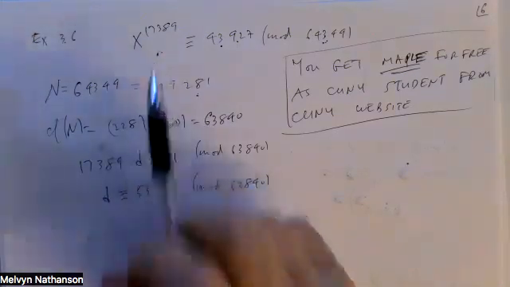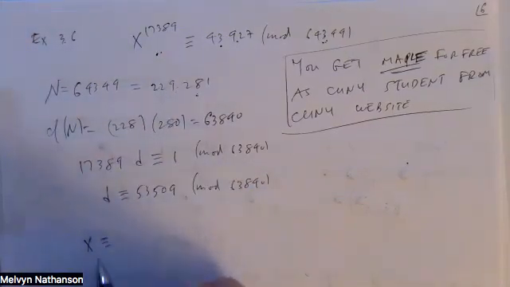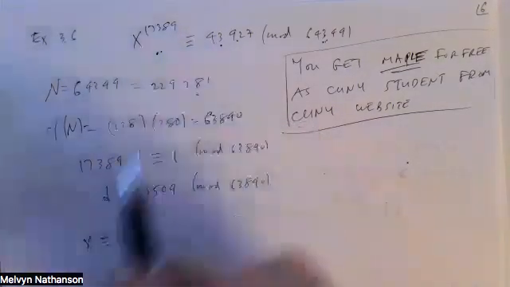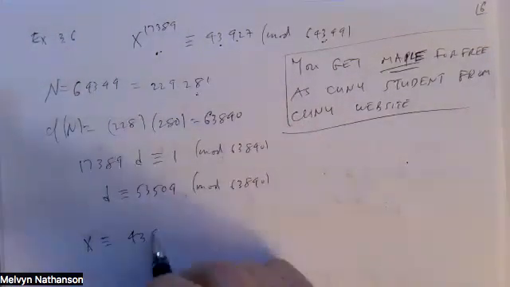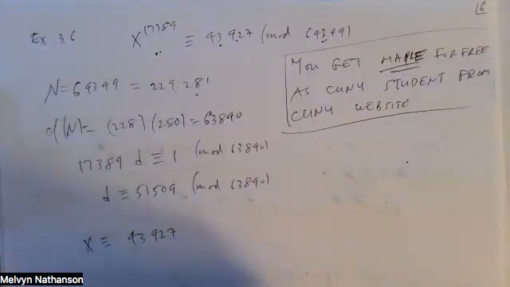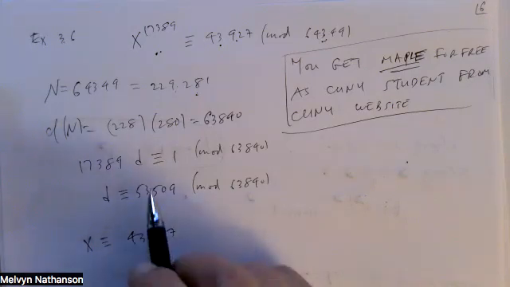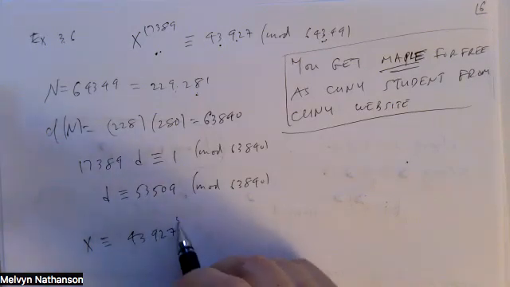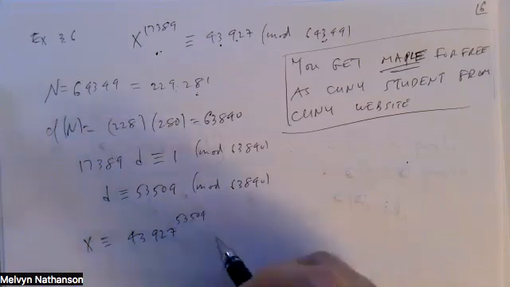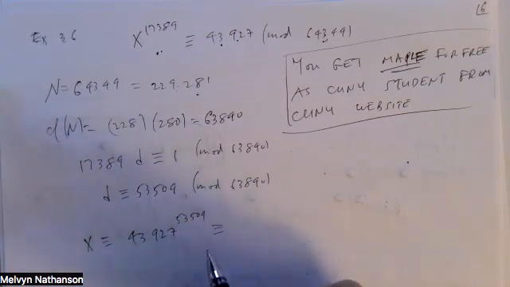So the solution of this congruence will be X congruent to C to the D. This is my C, 43,927 raised to the power 53,509. Only a computer can do this, really. Well, it's not quite true, but it's hard.